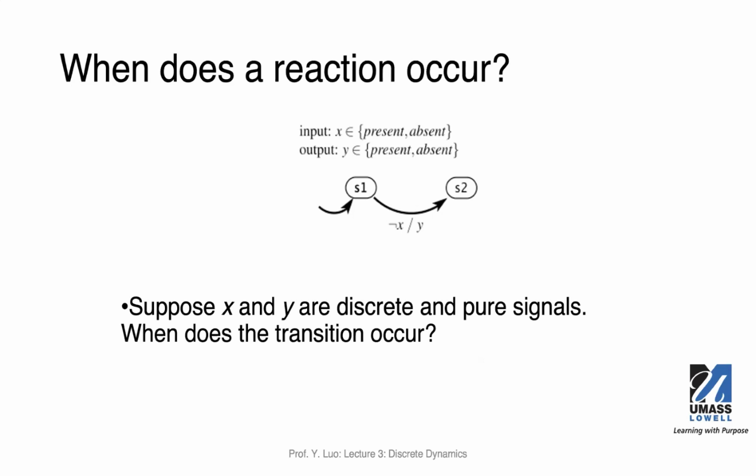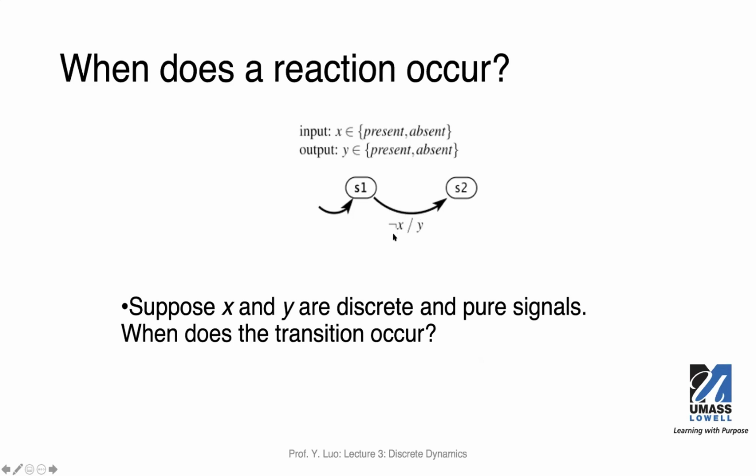If you look at this predicate, the not X, from our earlier slides, we know that this is to say, if X is absent, this condition is going to be true, right? So ideally, we expect that this transition will be taken.